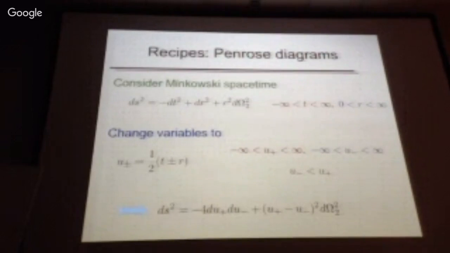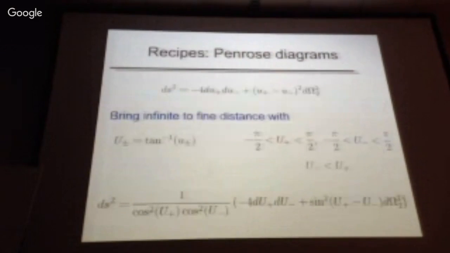Time goes from minus infinity to plus infinity, and the radius is just positive. We can change variables to u plus and minus, which are just t plus or minus r. Then my two new coordinates both go from minus infinity to plus infinity, and the metric looks like in the last line.